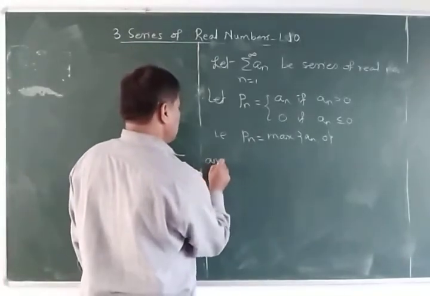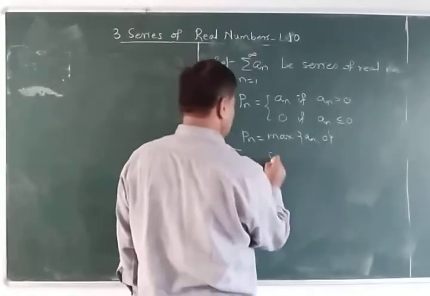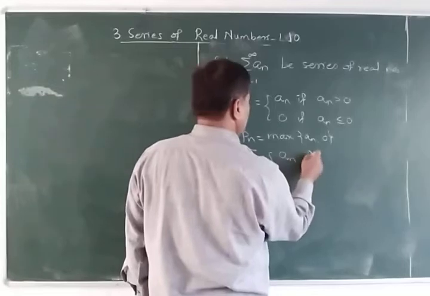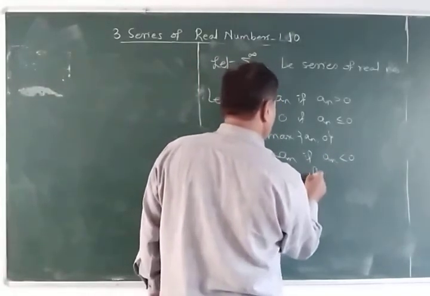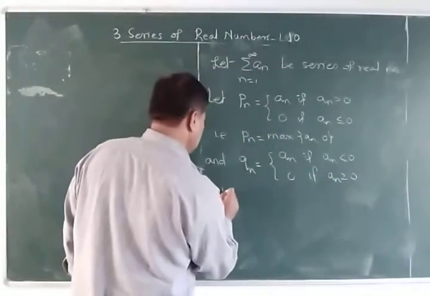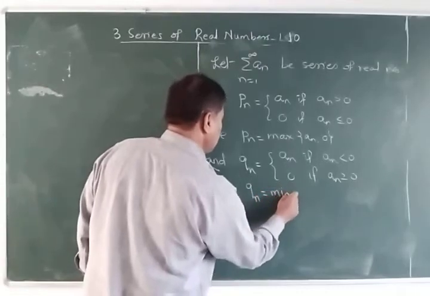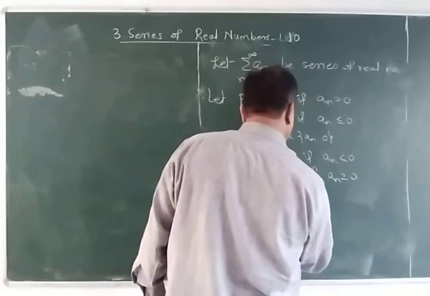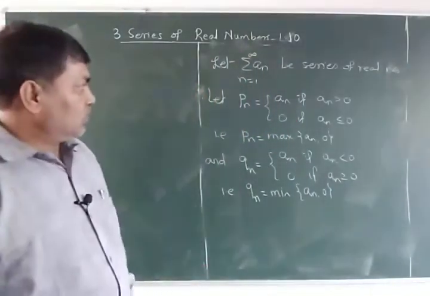And Q_n is equal to a_n if a_n is less than 0, and 0 if a_n is greater than or equal to 0. That is, Q_n is equal to minimum of a_n, 0. Okay.